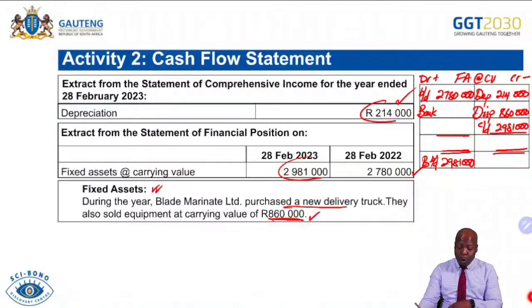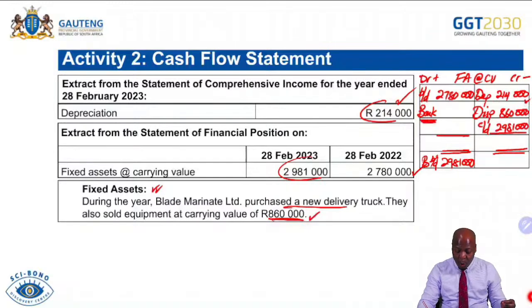All right. So we have these amounts. Let's have our calculators, because what we are calculating for is what we have paid for the new asset that we have acquired in this year. If you're ready, let's begin. We're going to now say 214,000.